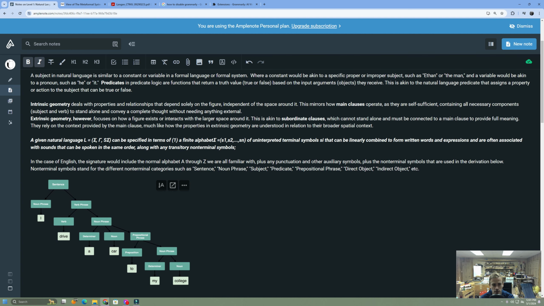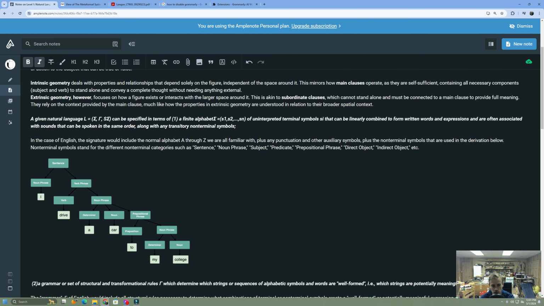A given natural language L, through sigma, gamma, and S of sigma, can be specified in terms of: 1, a finite alphabet sigma, equal to a set of uninterpreted terminal symbols, that can be linearly combined to form written words and expressions, and are often associated with sounds that can be spoken in the same order, along with any transitory non-terminal symbols.